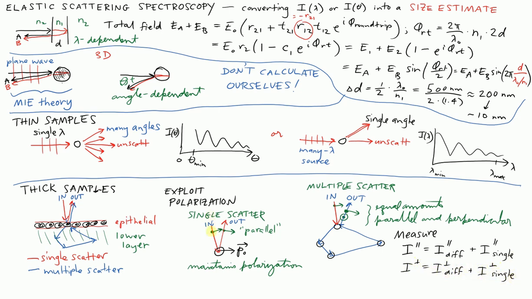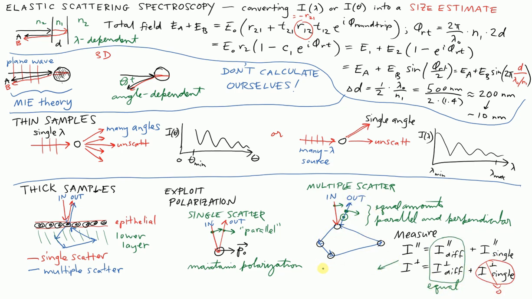Then we start making arguments. We say the single scattering is all coming out parallel. So this term, I perpendicular single, goes to 0. And on the multiple scatter, the diffuse scattering, the light coming out has equal amounts of electric field on average contributing to parallel and perpendicular measurements, which means that these two terms are equal.